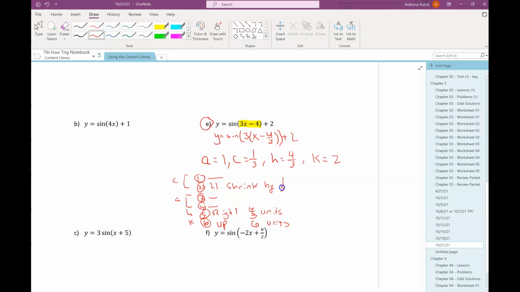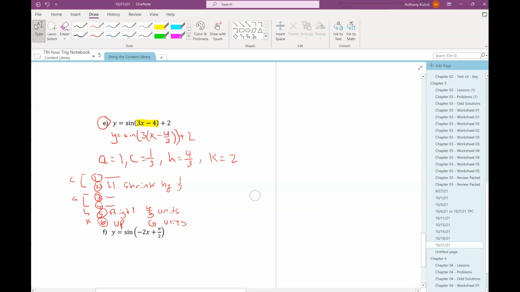Okay. Let's say we do the same problem, and we'll deal with the amplitude, midline, period, and frequency all at the same time with the same example. Is that okay? So again, I start by obtaining the values for A, C, H, and K. We've already done that. The amplitude is the absolute value of A. So in this case, that's 1.